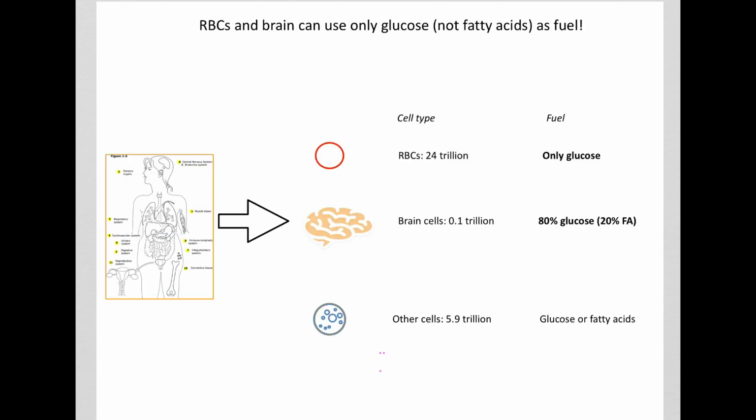And here is that problem. Red blood cells and the brain cells can only use glucose. They cannot use fatty acids as fuel.